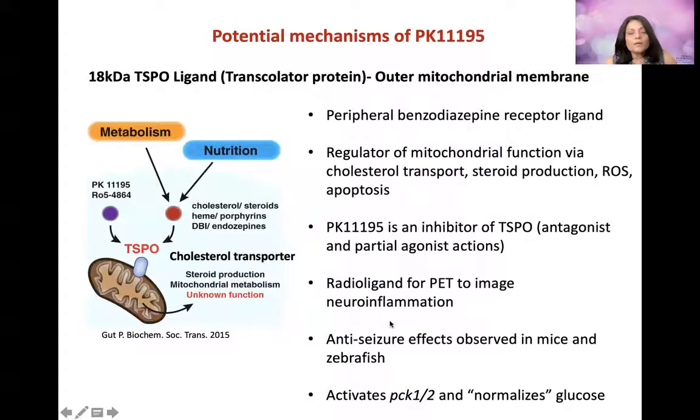At this point, we do not completely understand its mechanism, and we are trying to do this. But what has been observed by certain studies is that PK11195 may have some anti-seizure effects in mice as well as zebrafish. And our best guess is that it normalizes altered glucose levels.